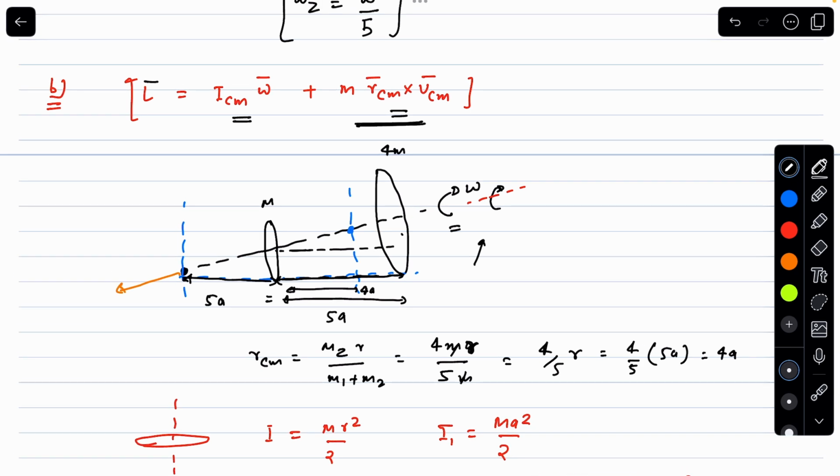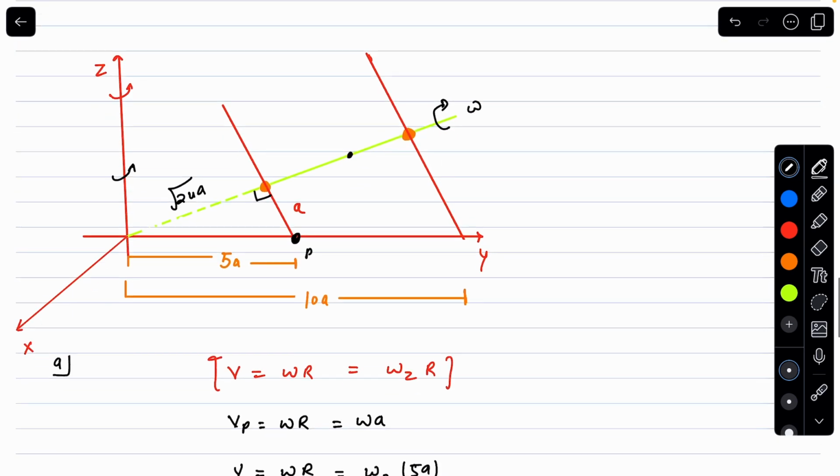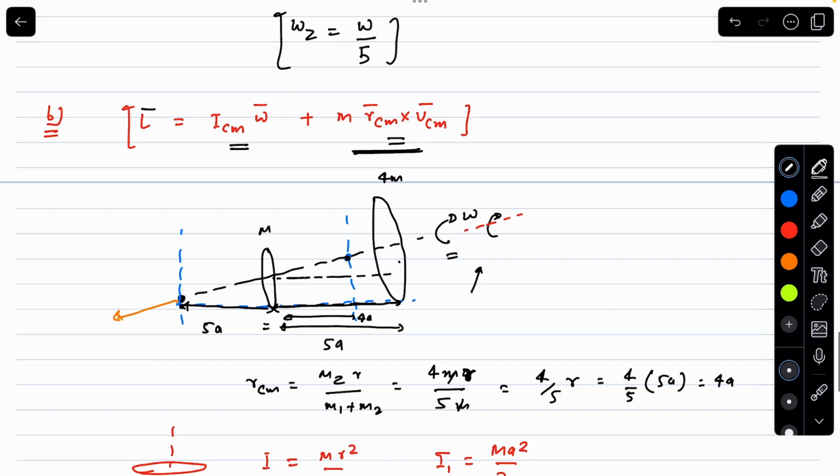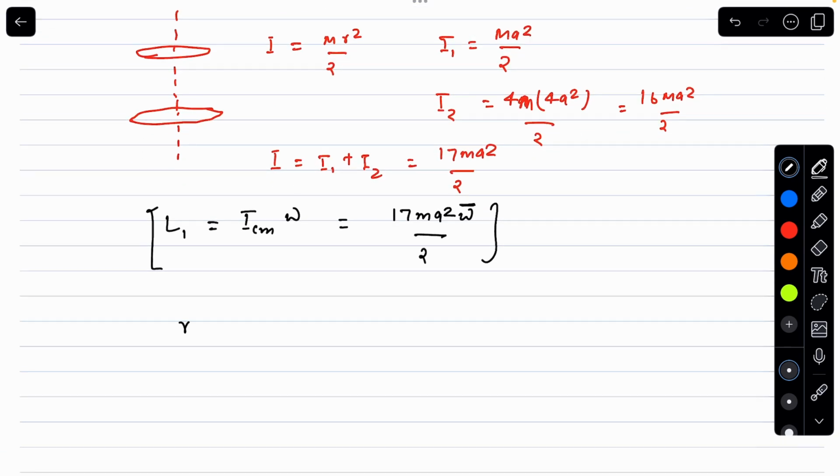This system is translating at this moment in this direction, so I am considering the y direction, x direction and z direction. At this moment the center of mass velocity is toward the negative x direction. So the r vector of the center of mass has a y component of 9a j cap. Why 9a?